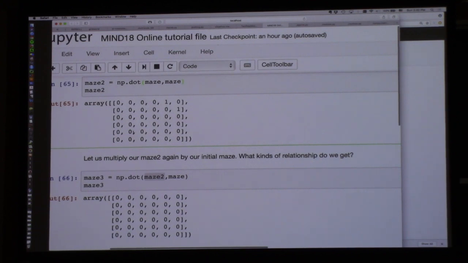But if we added something like this, and we added something like this, it will go on forever, right? You could basically stay in this maze forever and ever and ever. So do you guys want to do that? Just make this matrix now, and then multiply it 3 times by itself and tell me what happens.